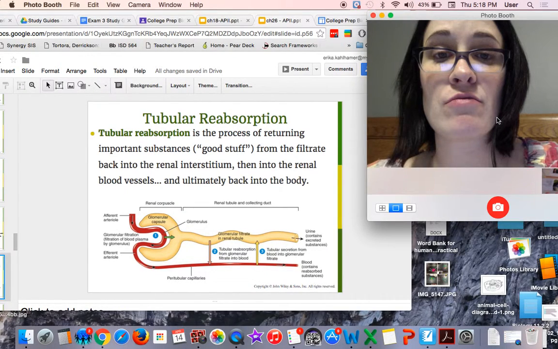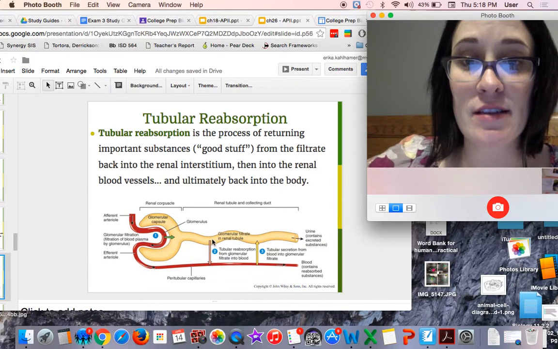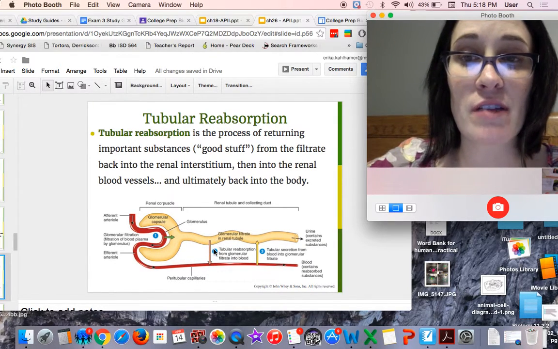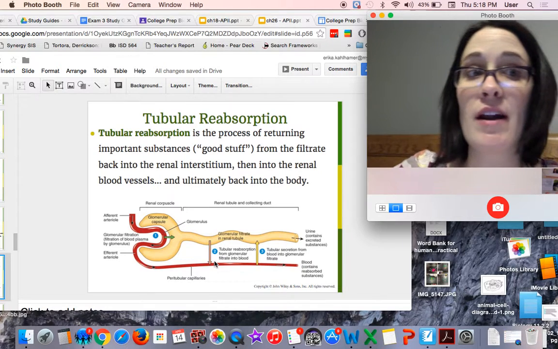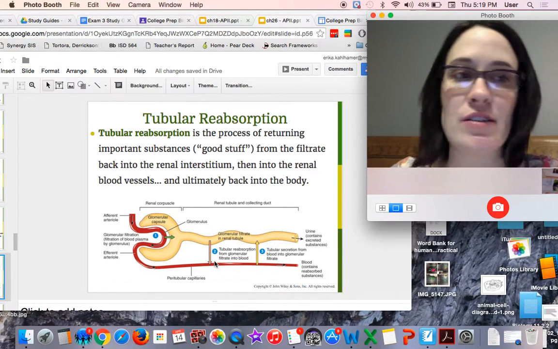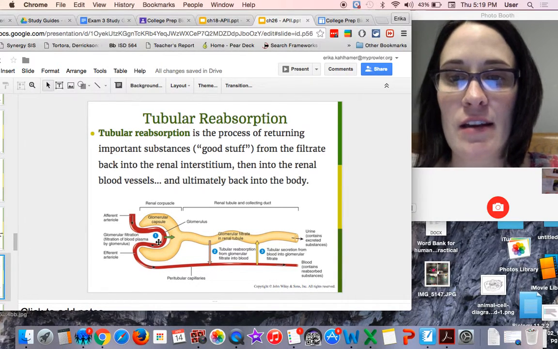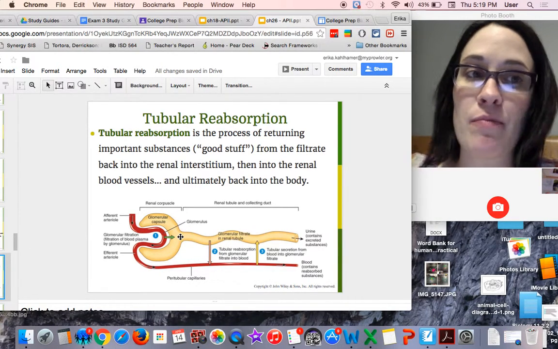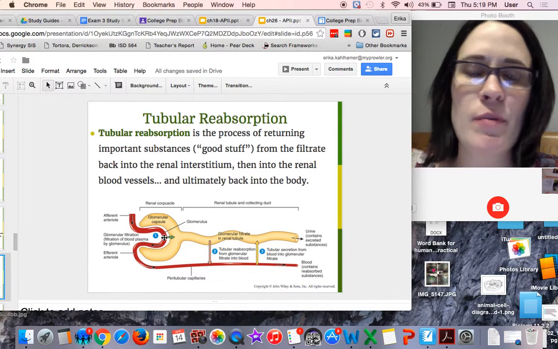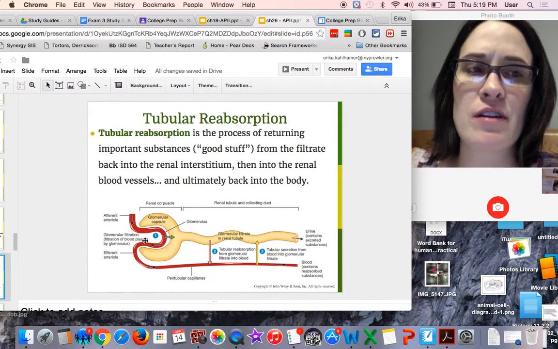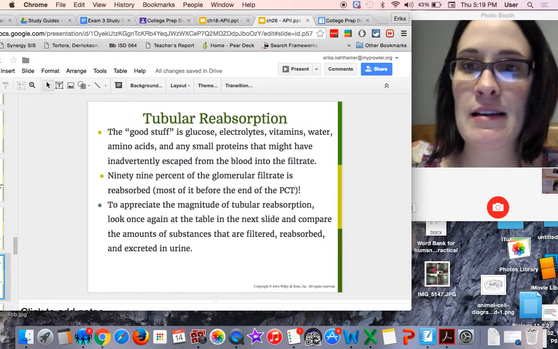Tubular reabsorption is this step here, so it's returning stuff back to the blood that's good, that your body doesn't want to lose, that your body needs to hold on to, something like water and glucose, that it's pushed out via pressures. Pretty much the only things that aren't pushed out are things too big to pass.